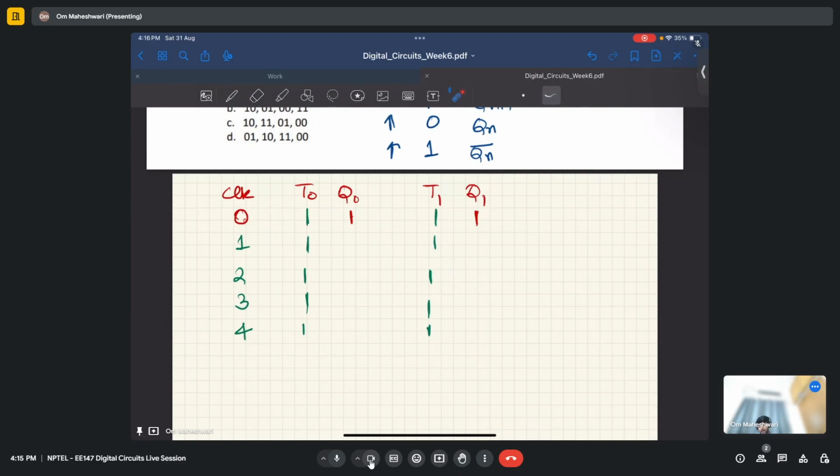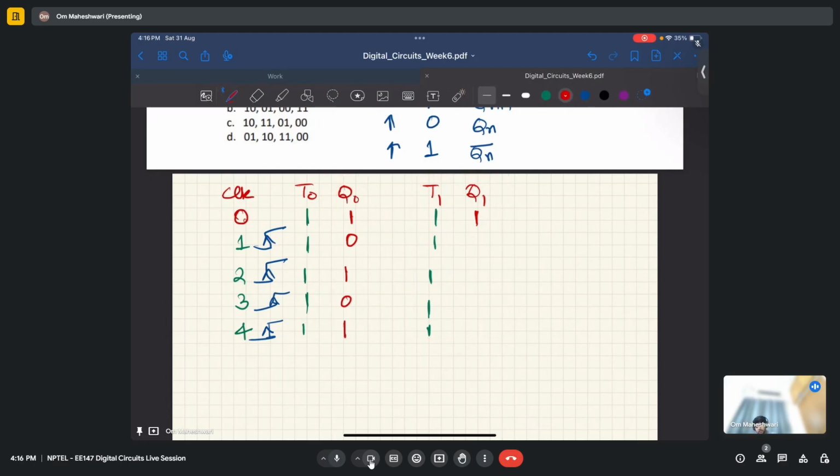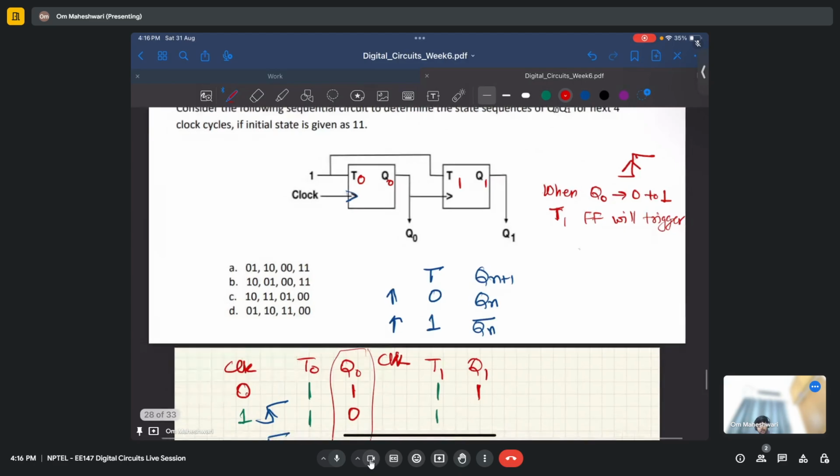Here, like the positive edge, then it is positive edge, then positive edge, positive edge. So it will be 1 0 1 0 1. It is always flipping. Now for this T1, we know Q0 is the clock, and this will only trigger at the positive edge changes of Q0.